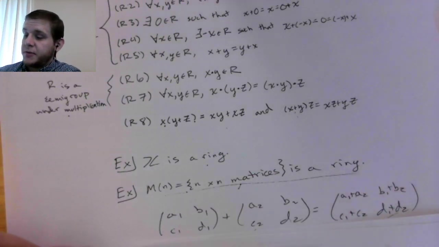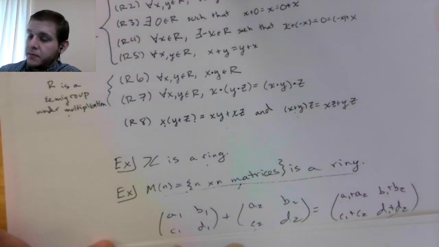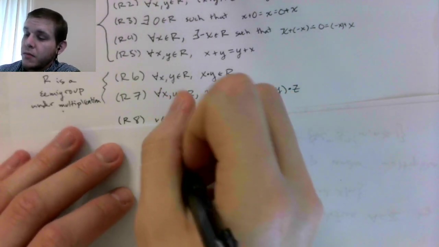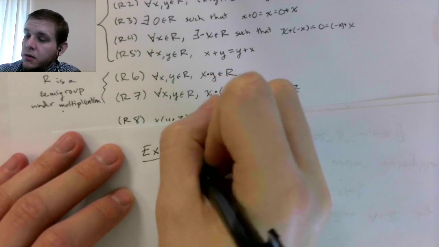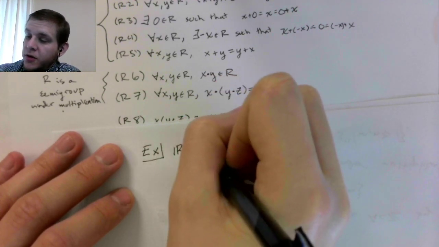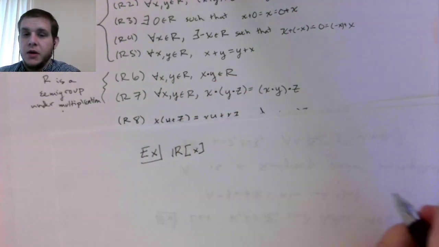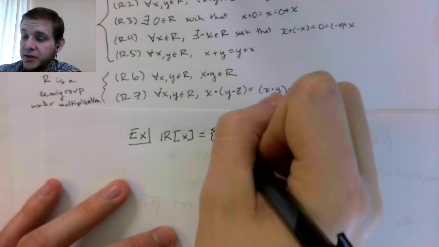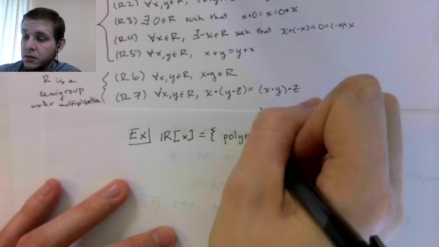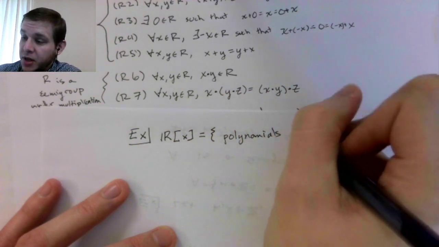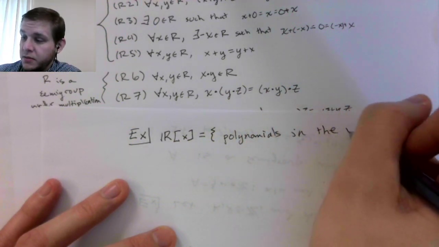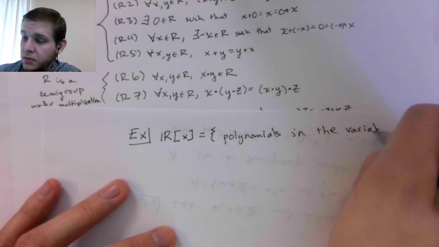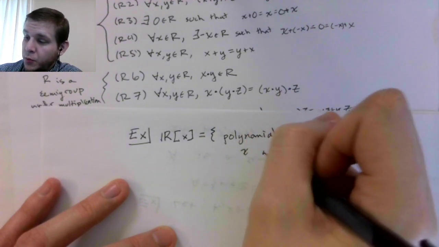What's another example of a ring? R of x, with square brackets on x, denotes the set of polynomials in the variable x with real coefficients.